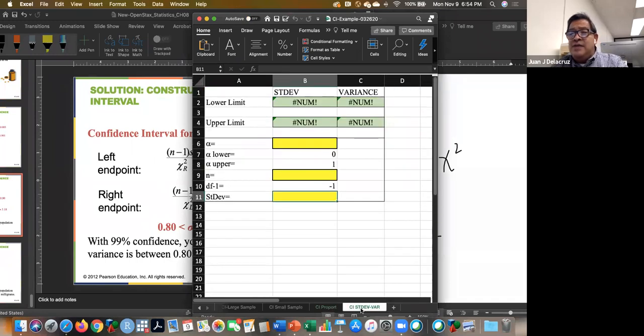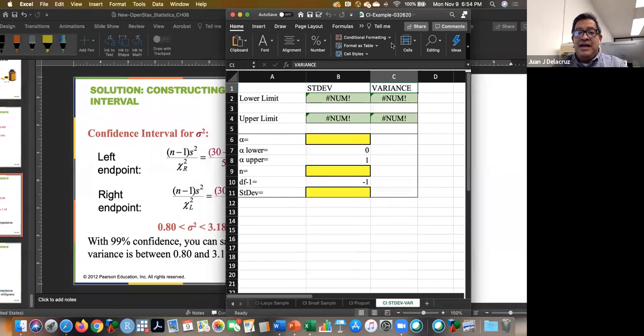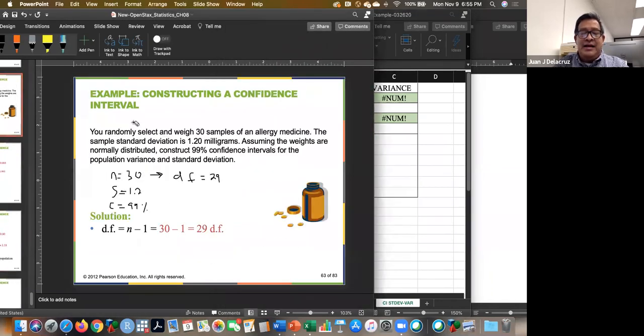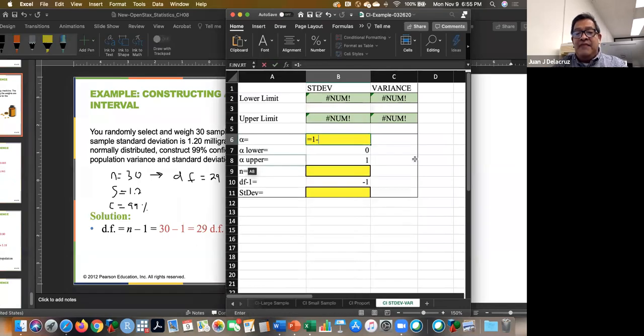If you go to this case, we have values for the standard deviation, and we are going to find the values for the variance. All I need to compute these values is very simple. I need alpha, the level of significance.